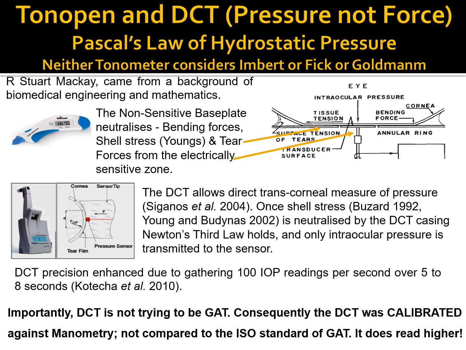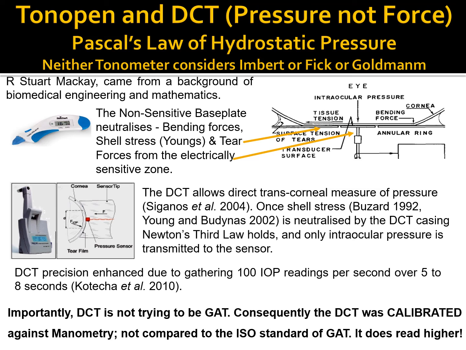So the tears are squeezed out, the stress forces on the bend are way away, and then it's only this central 1 millimeter sensor that records pressure, I have to say, rather than force. And the DCT is simply a 21st century upgrade on this, really.